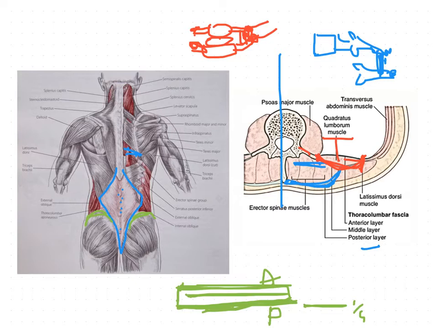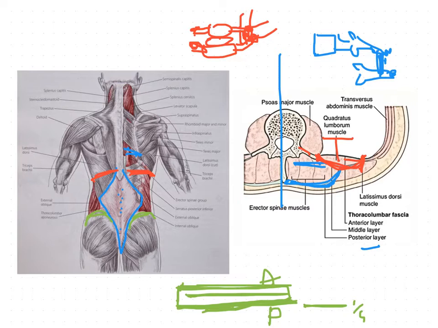If you see the superior attachment, the middle layer is going to attach to the lower border of the 12th rib. Here you can find the 12th rib, so the middle layer attaches to the lower border of the 12th rib and also the lumbocostal ligament.